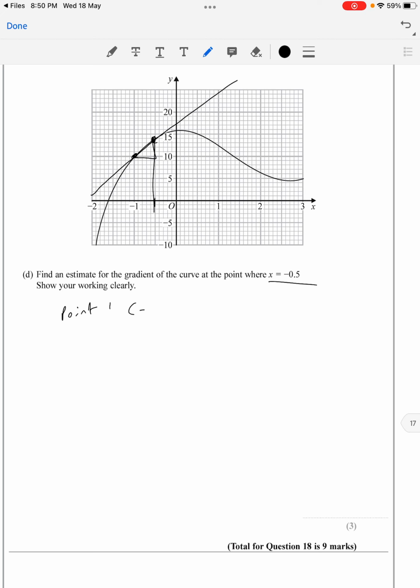So the gradient of point 1 is about minus 0. If you check, this point stores the value of minus 1.5, but in this case we're going to pick some good values, such as minus 2.5. We're going to pick this point, and this point as well.